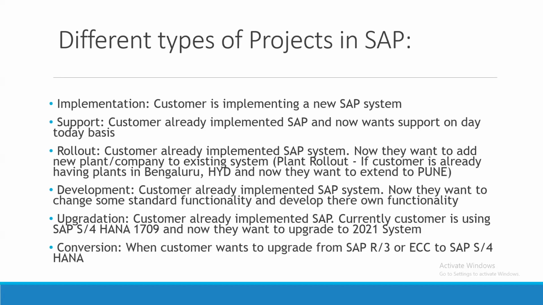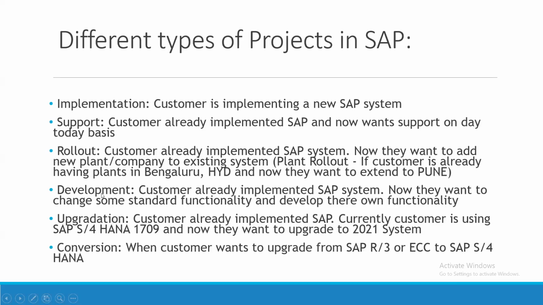So we can copy some data from the current setup that we have done in Bangalore and Hyderabad, and for some setup you need to create it as a new part of the implementation. So this is a combination where you can use the current setup as a copy, as well as add the new requirements in a new implementation way. Such a combination is called a rollout project. Okay, so it is a mini implementation, we can say.